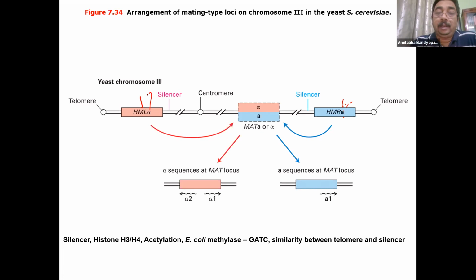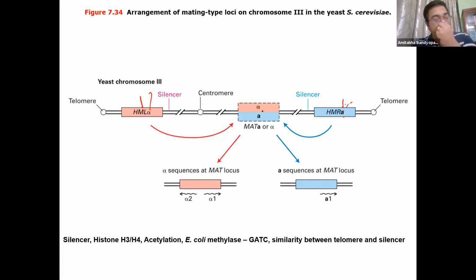Now, very interestingly, these cassettes are complete. They have their own promoter, enhancer, every element. But neither of these are actually transcribed. Now there is an elaborate mechanism through a non-reciprocal recombination, that this cassette can be transplanted into here, or this cassette can be copied into this locus.